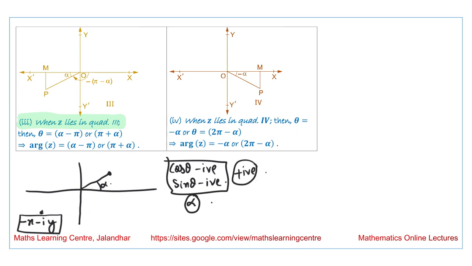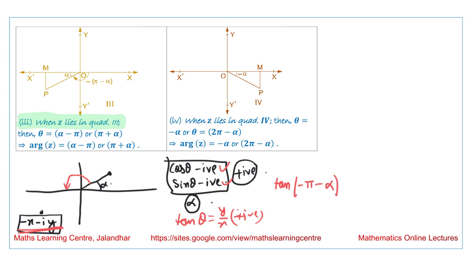We have to rotate this angle in such a way that both these values are negative, and the final answer we obtain for tan theta, which is equal to y by x, is positive. So how we are going to do this is, we are going to write it as tan of minus pi minus alpha.